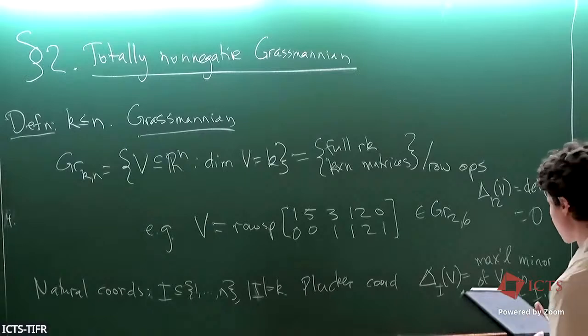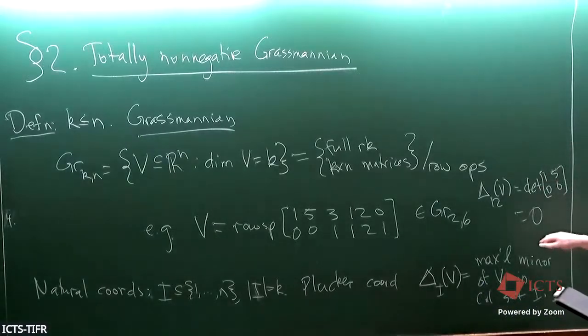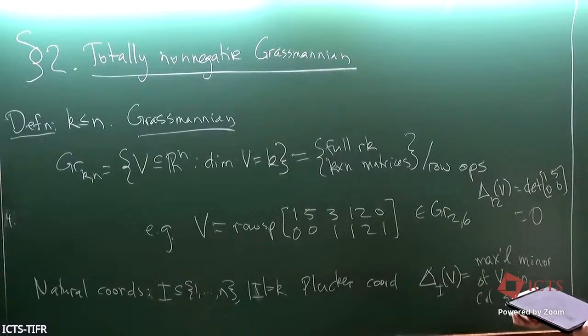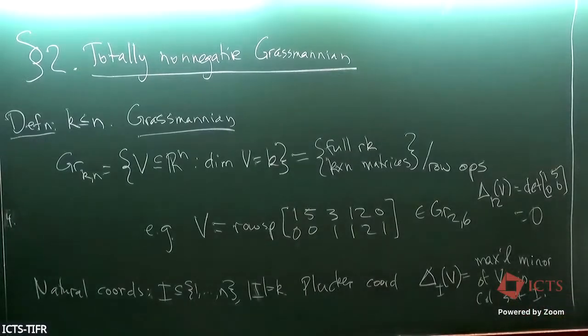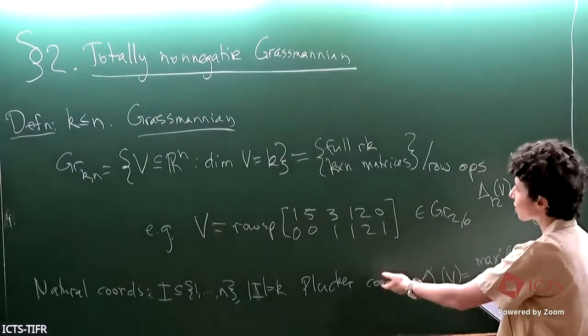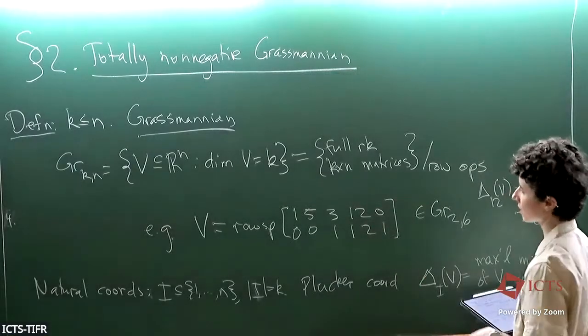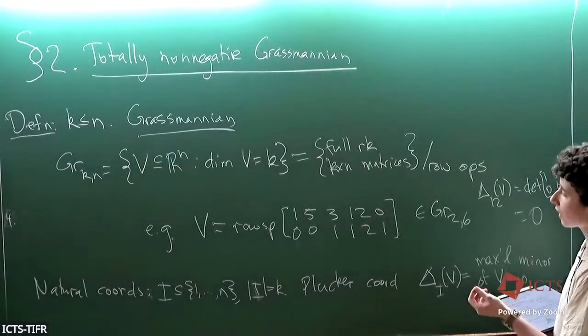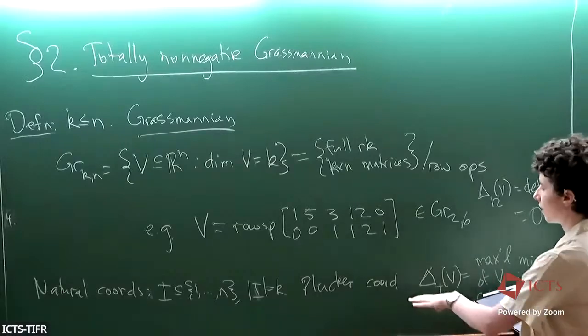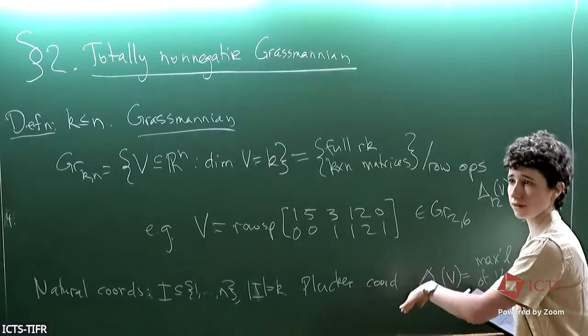Okay, so the other thing I should tell you about these coordinates is, just looking at them, they feel more complicated than the matrix entries. They also have another disadvantage, which is that they're not independent coordinates.